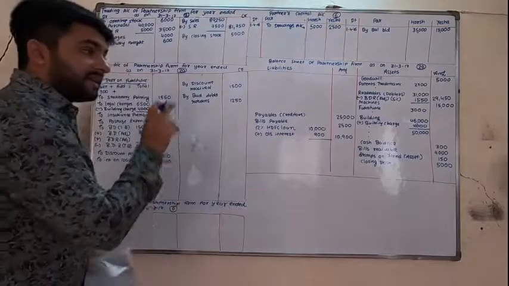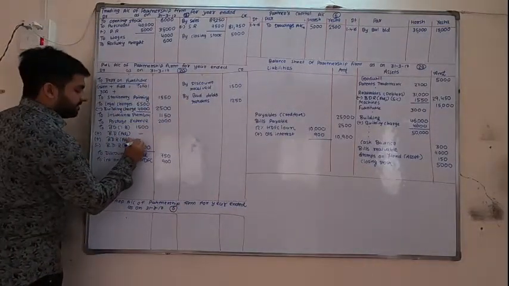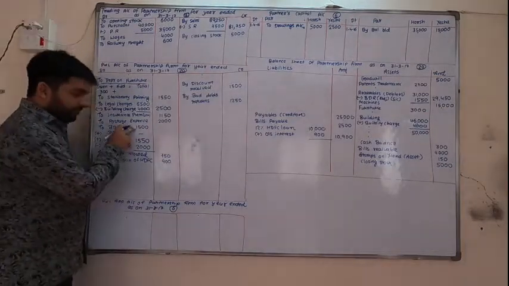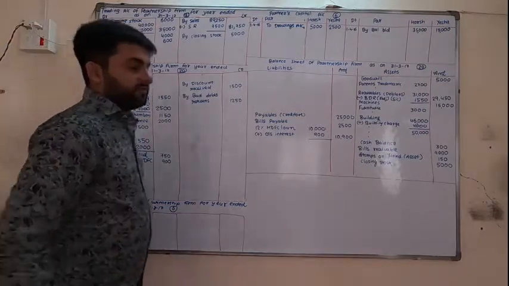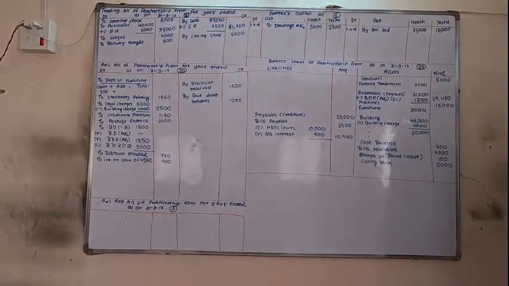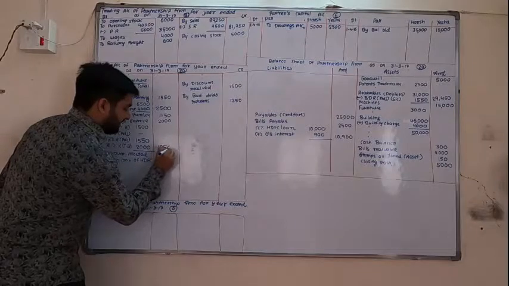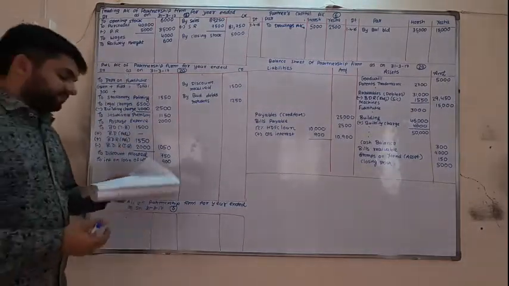Now we are having only bad debt reserve in adjustment, so there are no bad debts, and bad debt reserve is 1,550. Okay. Now 1,500 plus 0 plus 1,550 and minus 2,000. So 1,500 plus 0 plus 1,550 minus 2,000 is 1,050. These three should be added, the last should be subtracted.